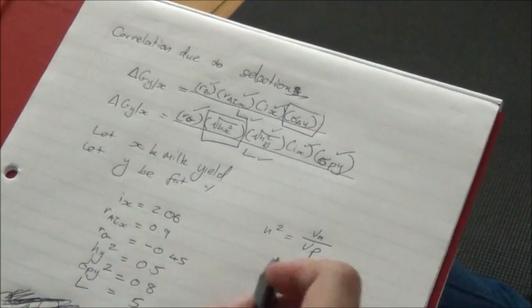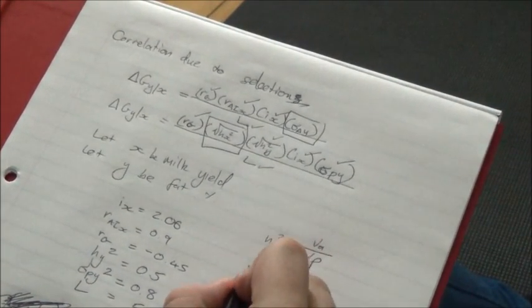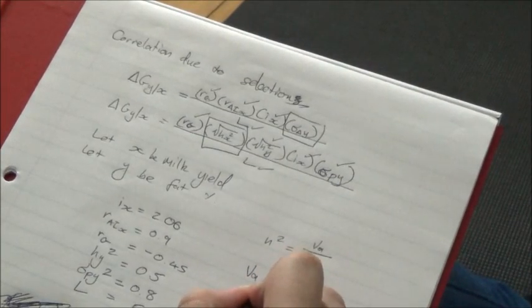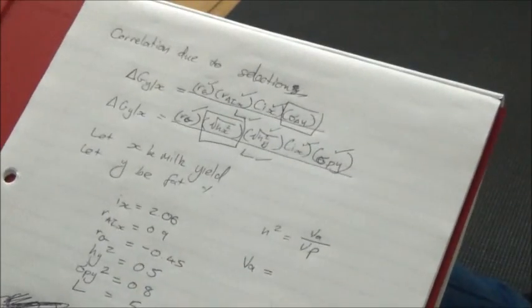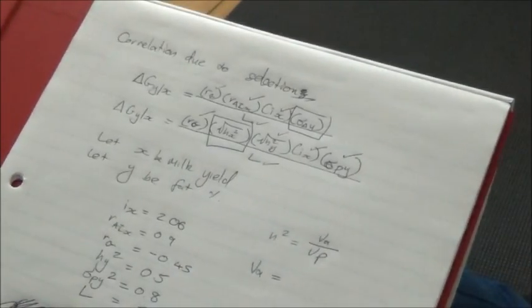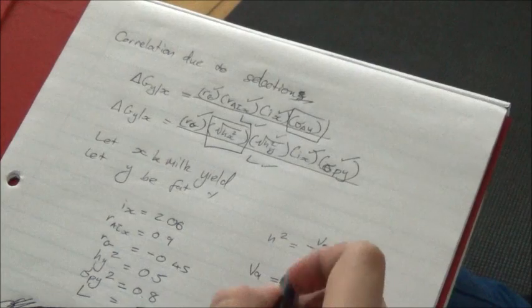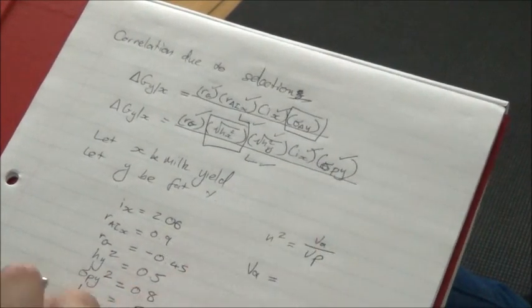So with that, we can calculate our VA. We're going to substitute into the formula here. Our VA would be our VP value, which is given to us.